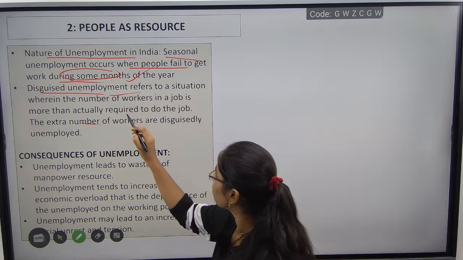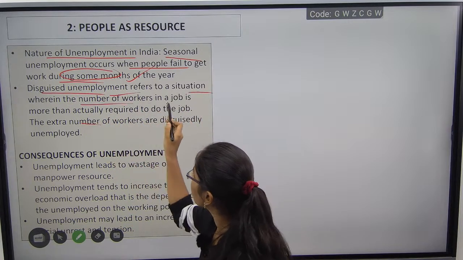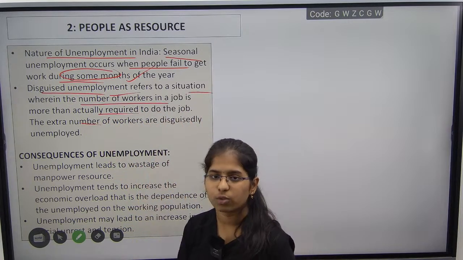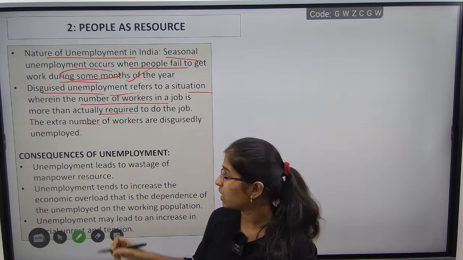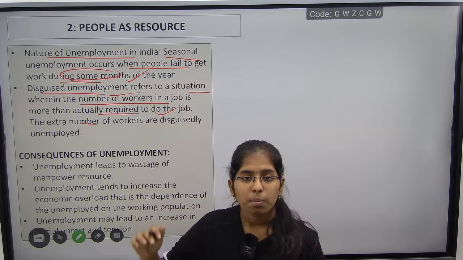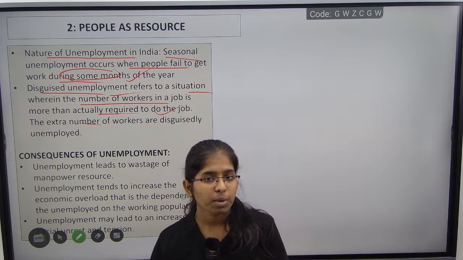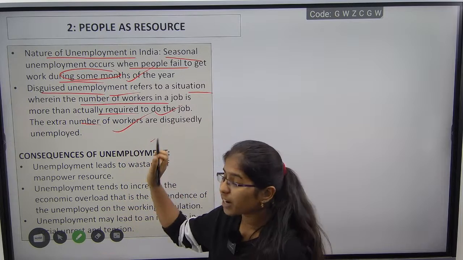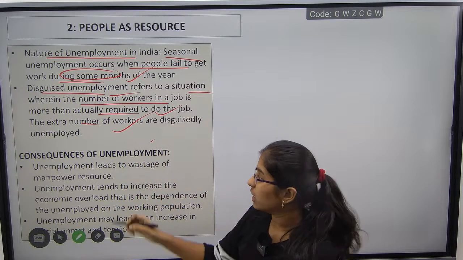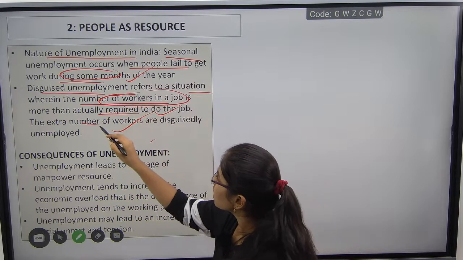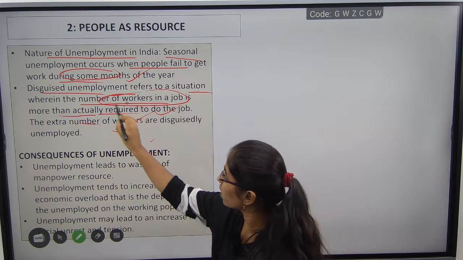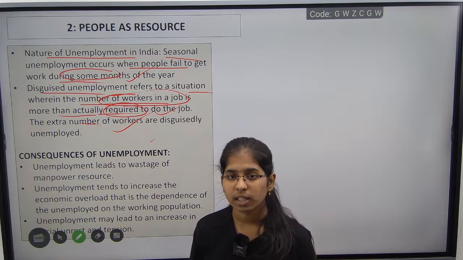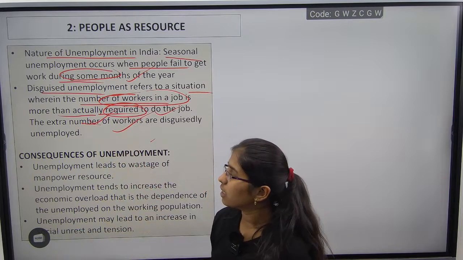And next, disguised unemployment. It is a situation wherein the number of workers in a job is more than actually required. See, for a particular work, the needed number was 5 members, but there are 10 members. That means another 5 members are disguised.